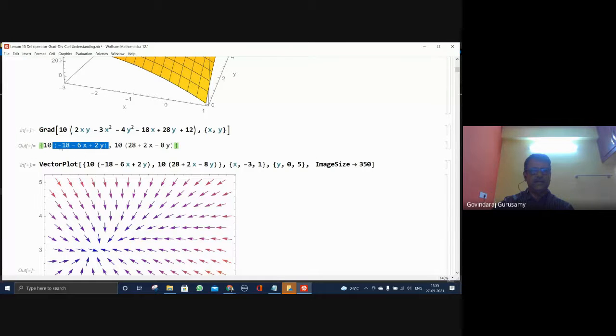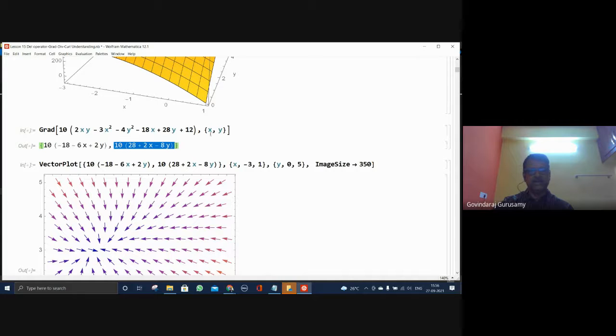I'll get the first part, the x component of the vector, as minus 18 minus 6x plus 2y. You try this and get the function by yourself. Confirm it, yes, this is really happening. This is your x component, which is a vector because I can put it in the curly bracket, which is a list, and can be treated like a vector now. First quantity is the x component, second is the y component.